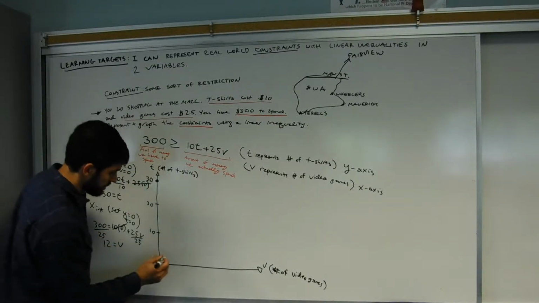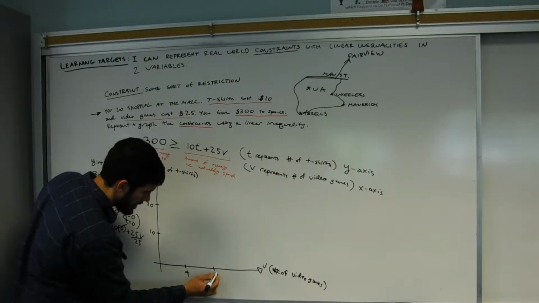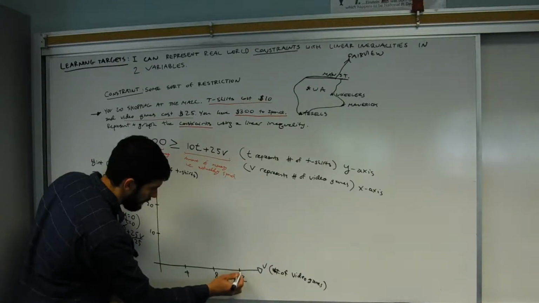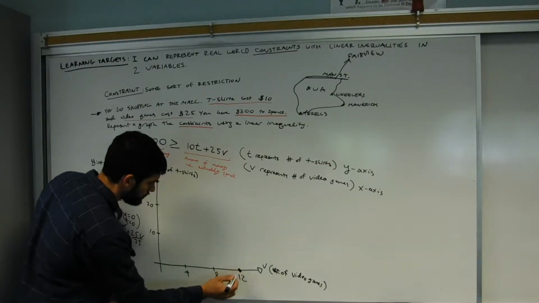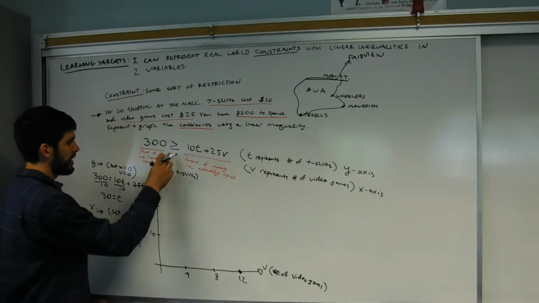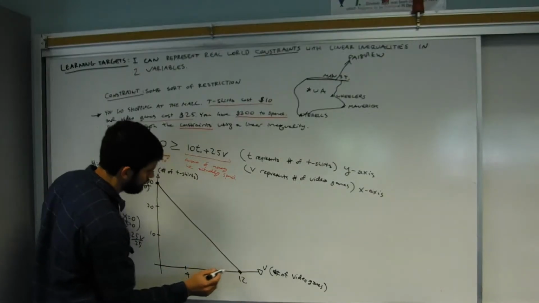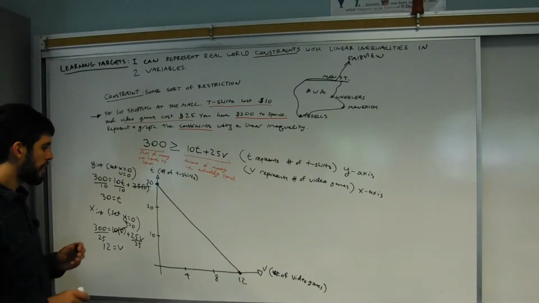So we get 12 is equal to v. We can mark 4, 8, 12. And then we have 2 points. It's greater than or equal to, so I could just connect them with a solid line.